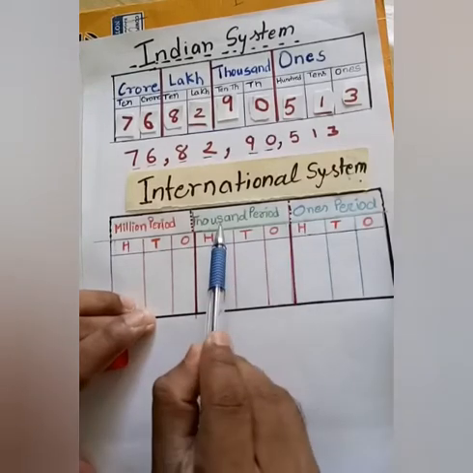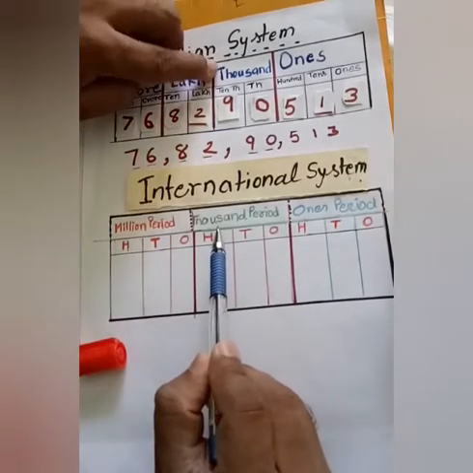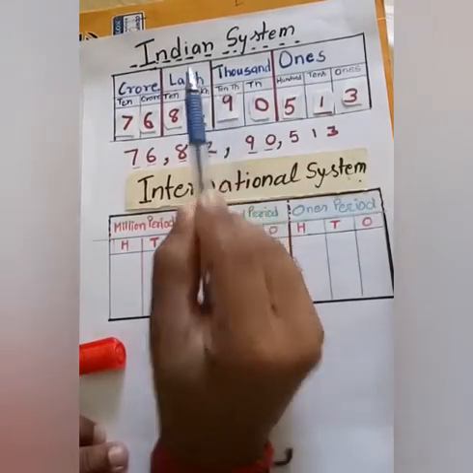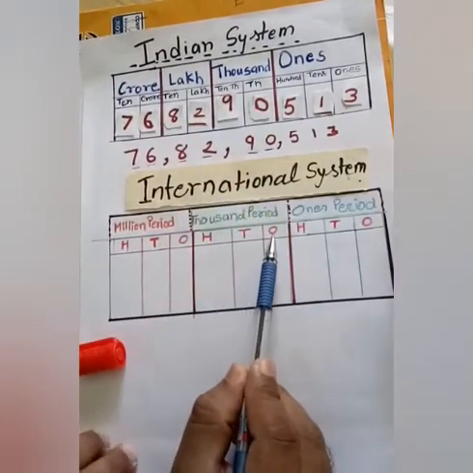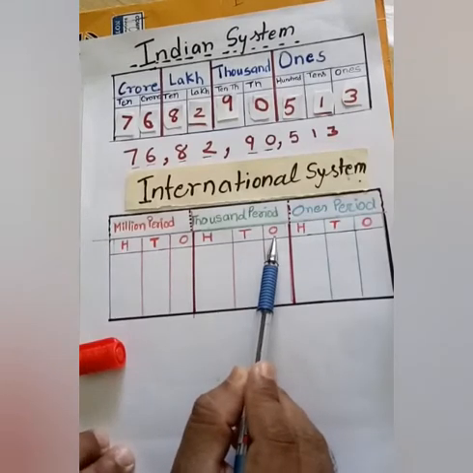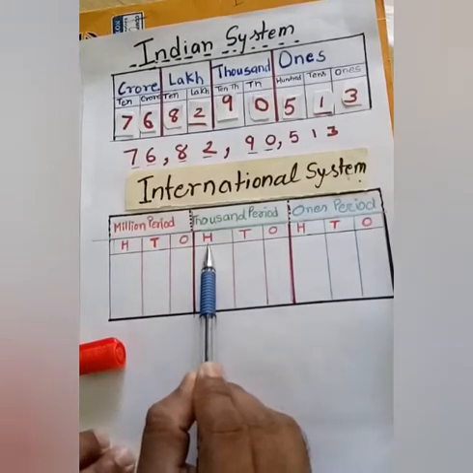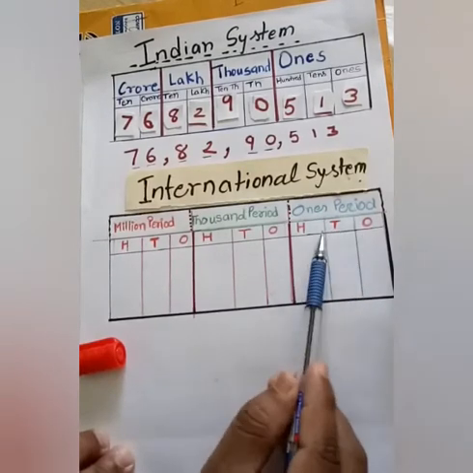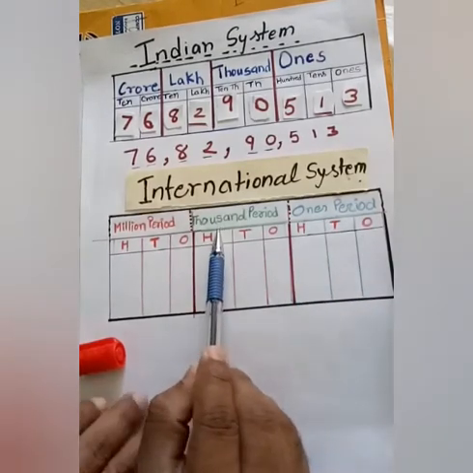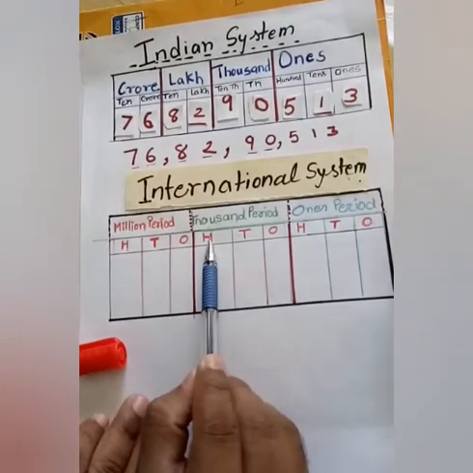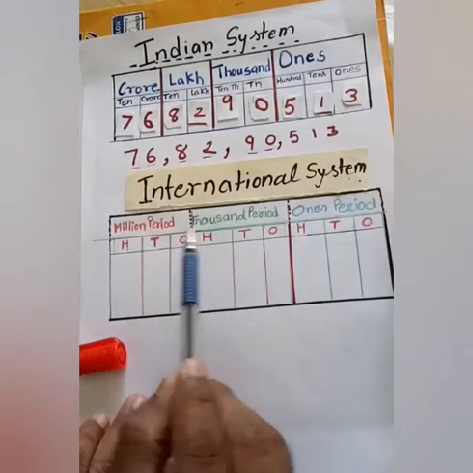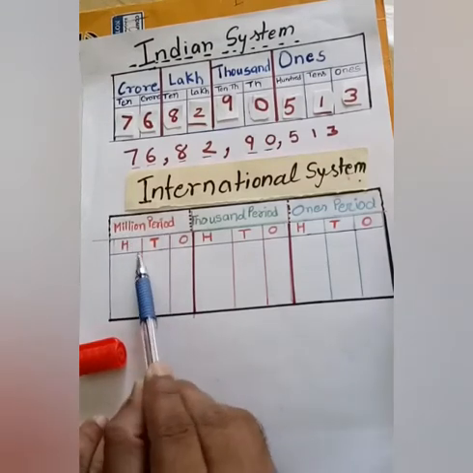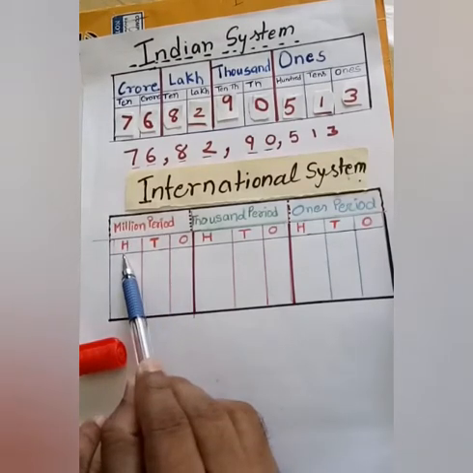Now when we move to the thousands, in the Indian system you can see only two digits, thousand and 10,000. But here, just like in the ones period we have three digits, similarly in the thousands we can write three digits in the international system. The same pattern is repeated in the million period, which also has ones, tens, and hundreds.